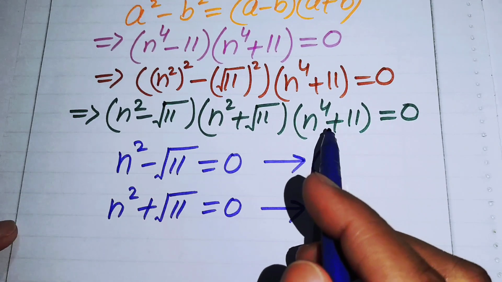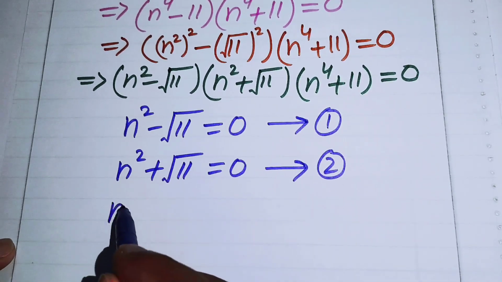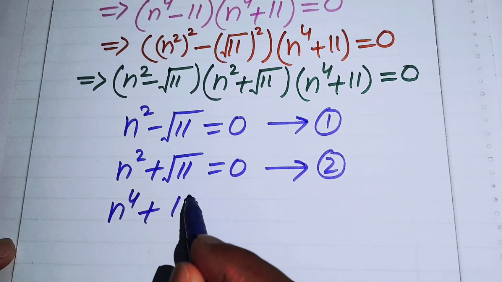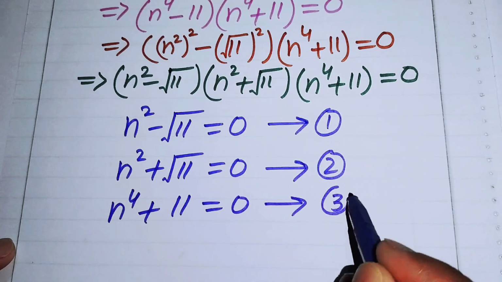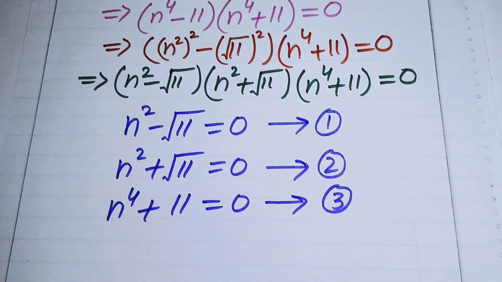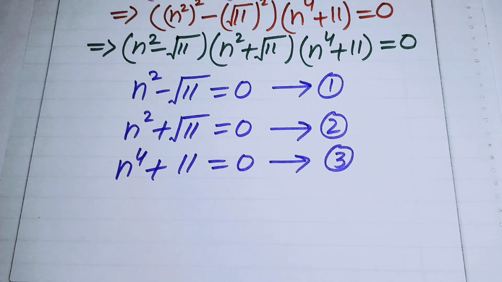And our third case is n to the power of 4 plus 11 equals 0, and we name this equation number 3. So in order to find the 8 roots of the given equation, we need to solve these three equations.